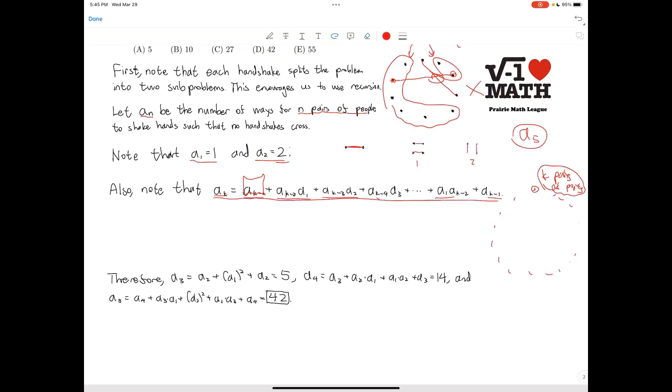But anyways, now if we draw a line from here to there, we have one pair here, and only k minus 2 pairs remaining in this area, which corresponds to this.